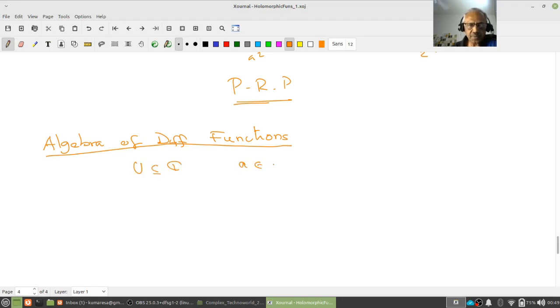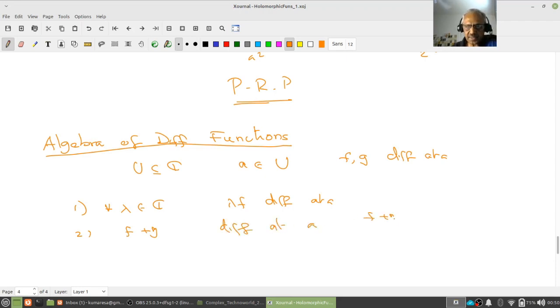Okay, A is a point, let f and g be differentiable at A. Then for every lambda in complex numbers, lambda f is differentiable at A, and f plus g is differentiable at A.